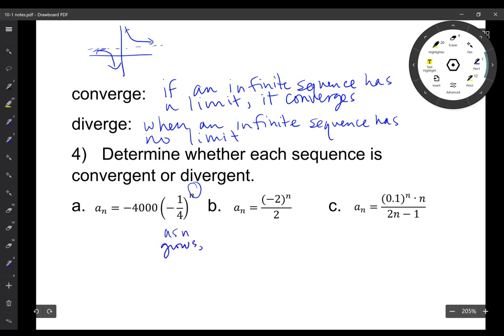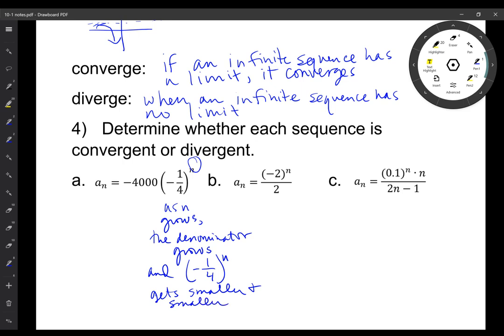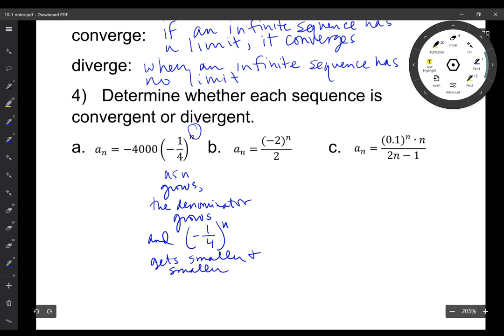As n grows, the 1 in that 1/4 is going to stay 1, right? 1 to the nth power is still going to be 1. The denominator grows. And negative 1/4 to the nth power gets smaller and smaller, and is going to get closer to 0.